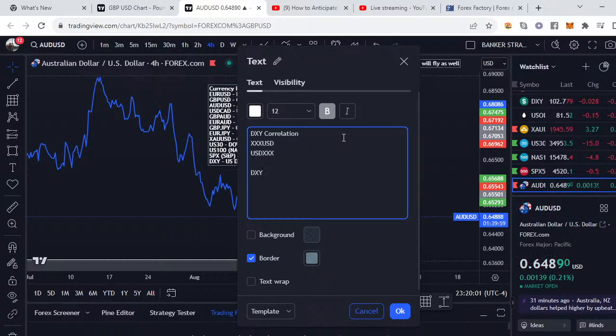If the DXY is bullish, which means going up, XXX USD is bearish, going down. If DXY is bullish, this is for XXX USD.